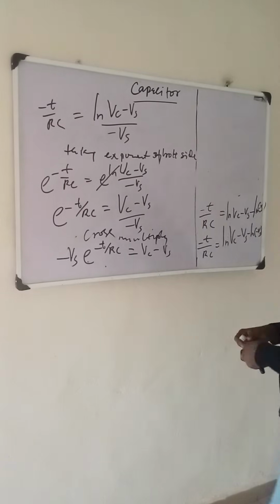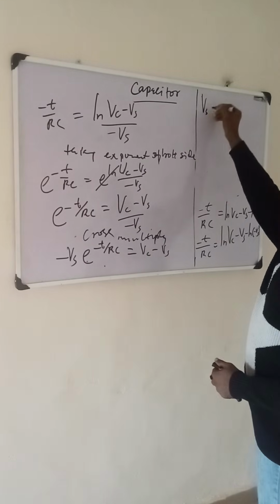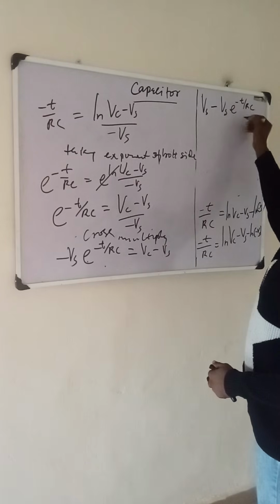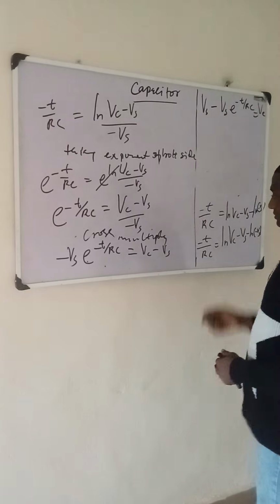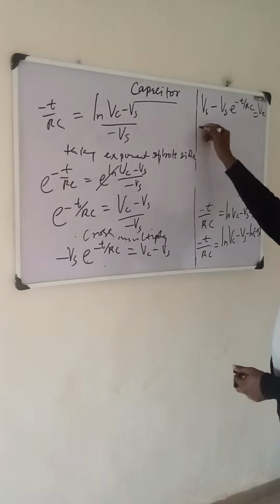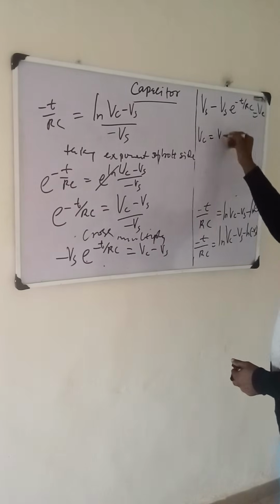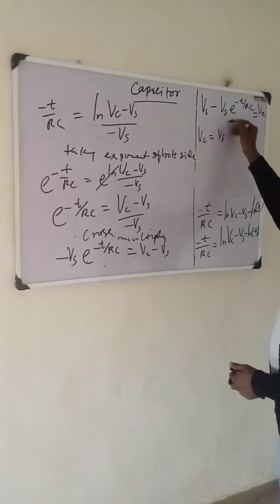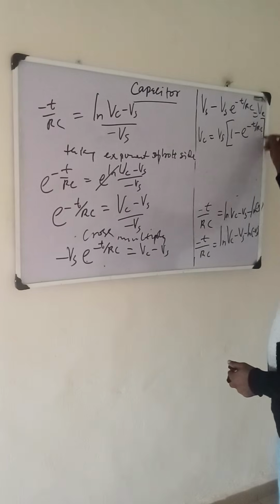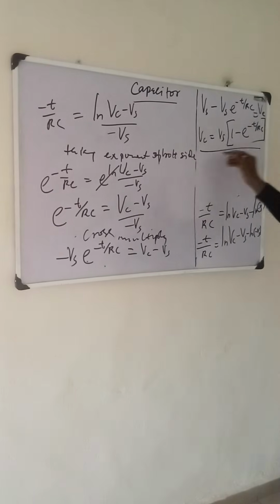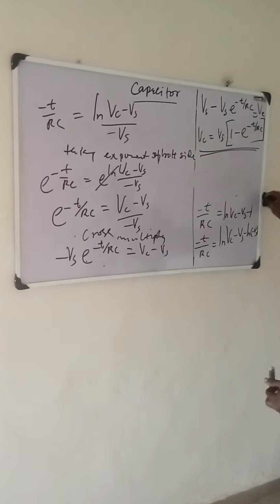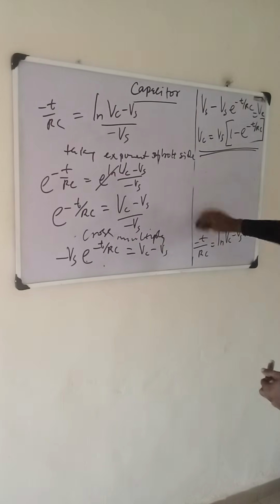So you have Vs minus Vs e raised to power negative t over Rc equal to Vc. We can rewrite this by factorizing as Vs times (1 minus e to the negative t all over Rc). This equation is beautiful.